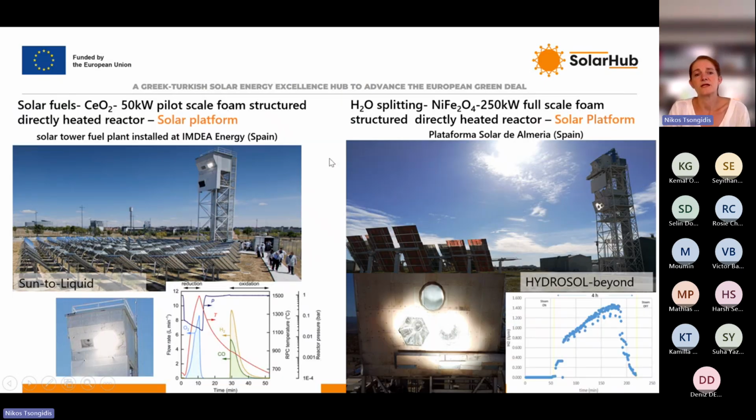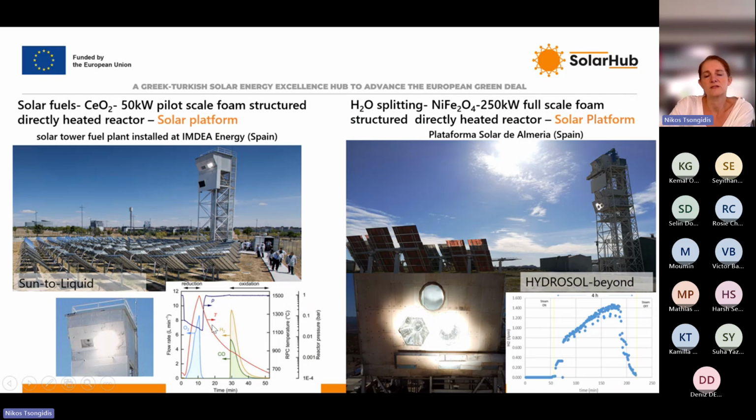These here are two examples of actual experimental campaigns and demonstration campaigns that have taken place in the past in two different solar platforms.